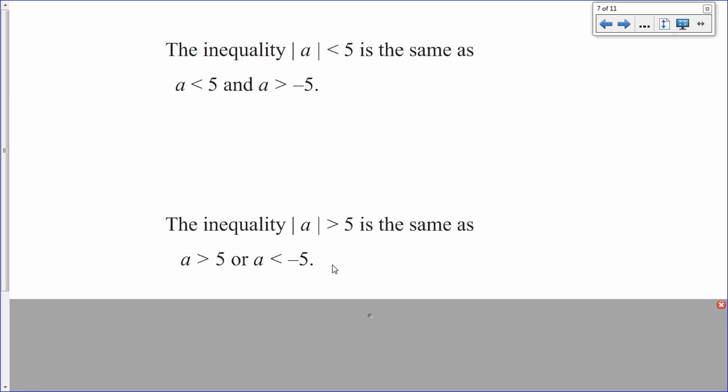The inequality the absolute value of a is greater than 5 is the same as saying a is greater than 5, or a is less than negative 5. So again, we're flipping the sign, reversing the inequality, but look at the difference in the wording. We have an and we have an or.